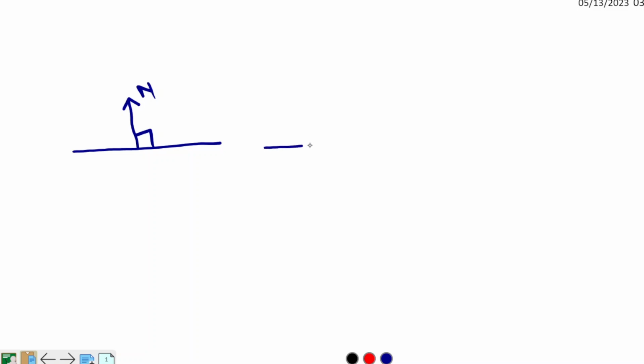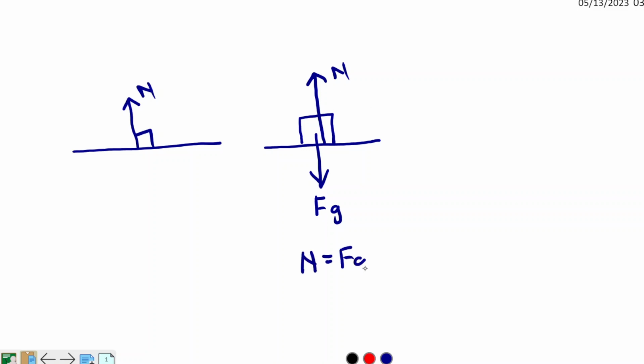Now, if you have a surface, maybe a table, and you put a block on top of the table, this block has a weight, and the table is going to exert a force on that block. The normal force in this situation is equal to the weight. That's why the table is not breaking, because this normal force is equal to the weight.